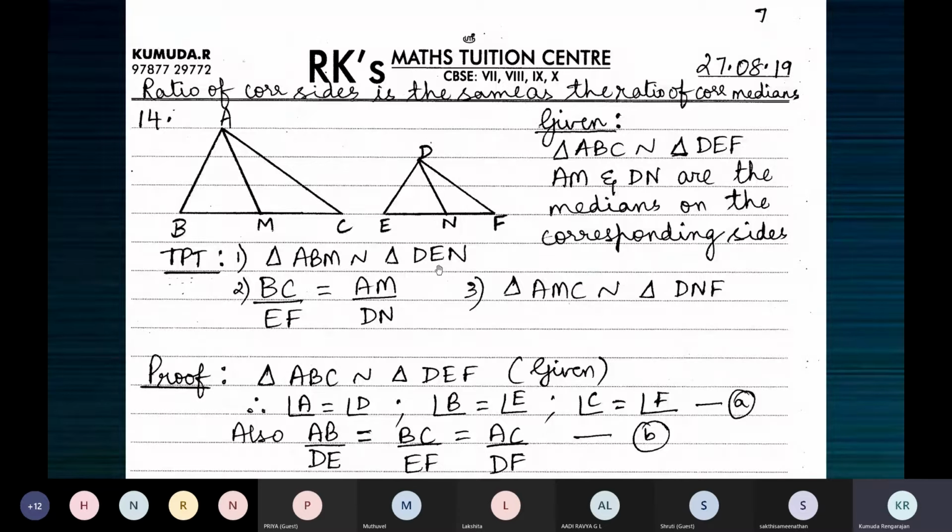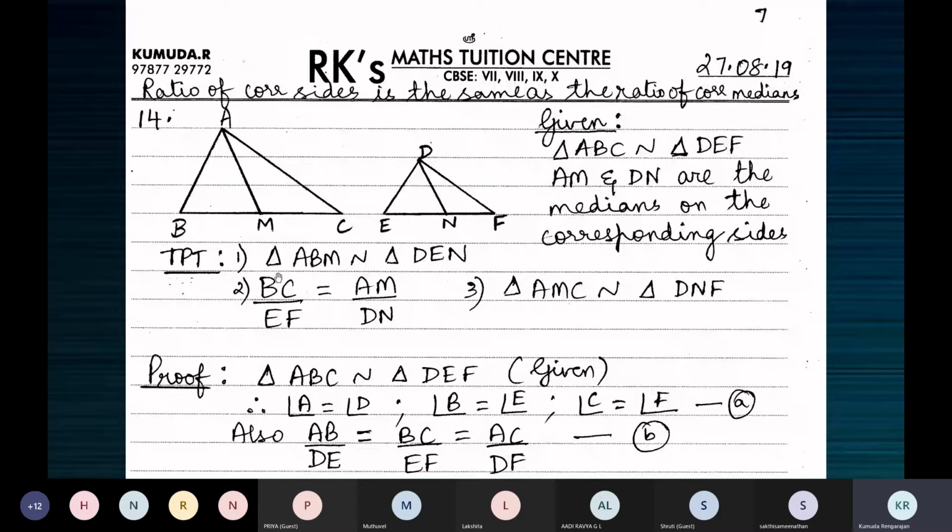Then we need to prove that BC by EF, corresponding sides, is equal to AM by DN, corresponding medians. Ratio of the corresponding sides, ratio of the corresponding medians, we'll have to show that these two ratios are equal.